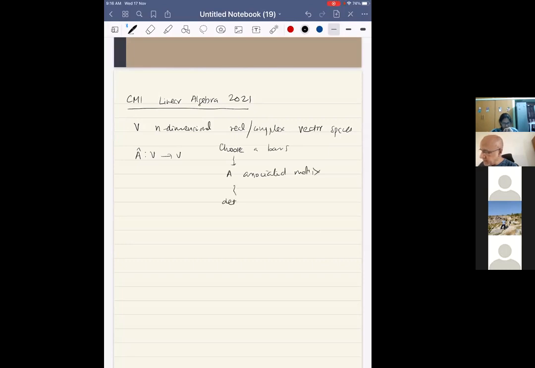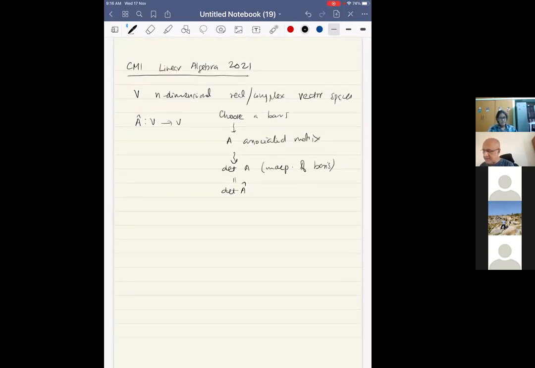You take det A. This is independent of basis, so you can call this det of A hat. And this has all the nice properties that you want.